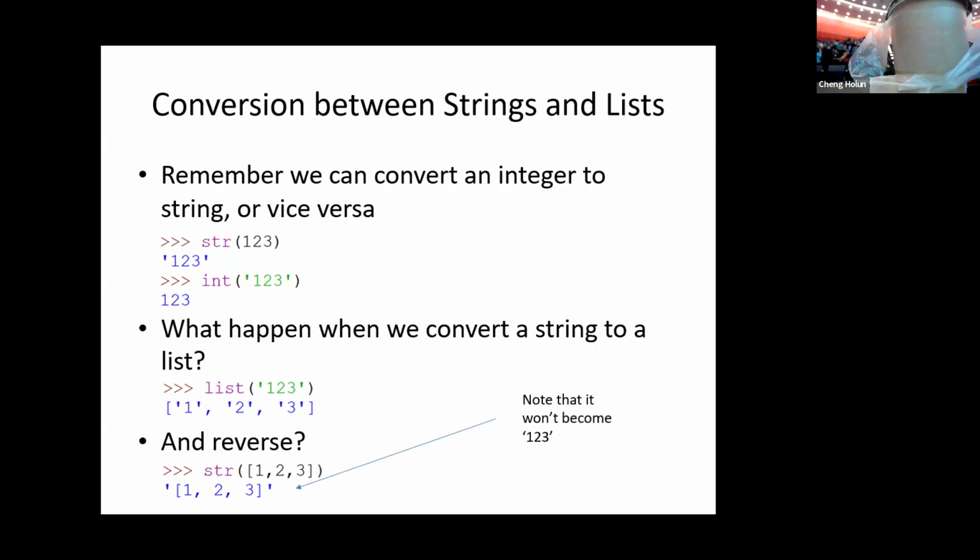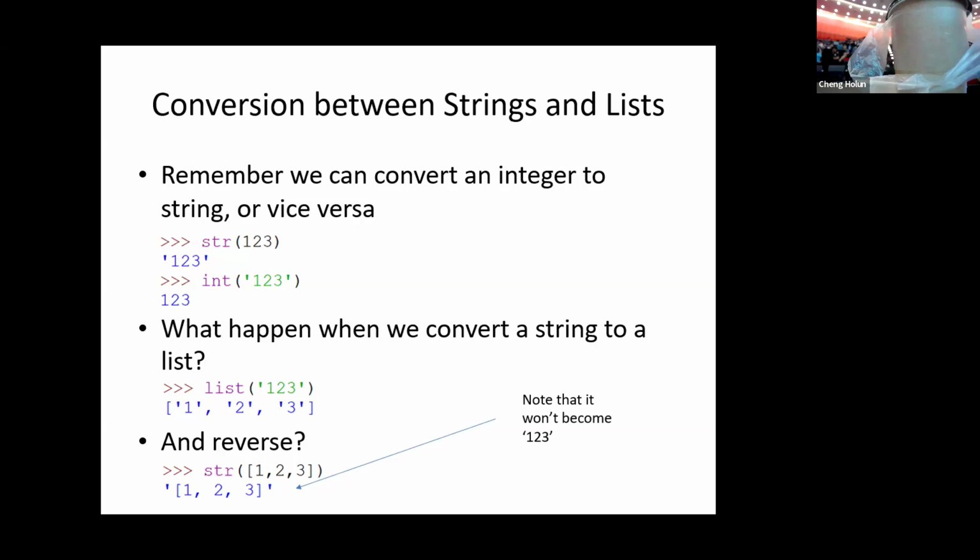Okay, that is very abnormal. But if you go for the hidden meaning, a string of 1, 2, 3 is actually a sequence of 1, 2, 3. So a sequence converted to a list is normal. Okay, not a list of single numbers, it's a list of character 1, character 2, and character 3.